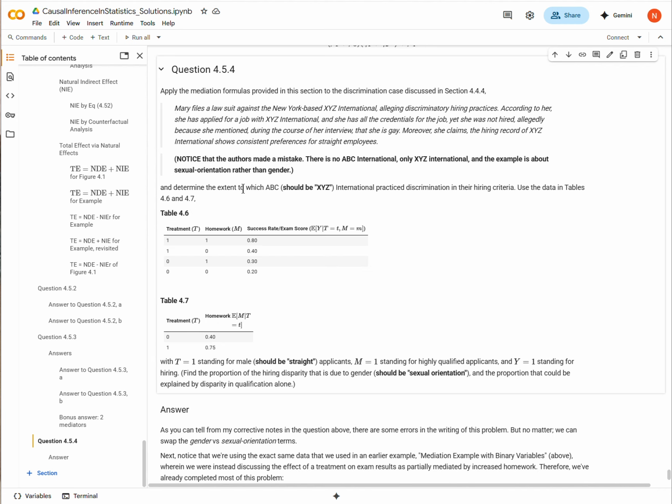Now we're supposed to determine the extent to which ABC International, some business, practiced discrimination. But there is no ABC International, or I'm sorry, there is no ABC International. There is only XYZ International.